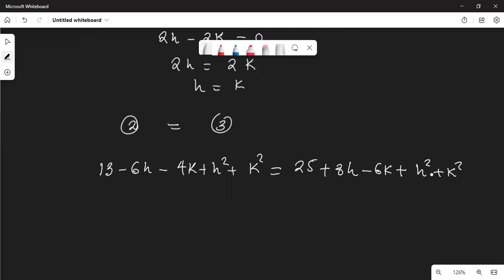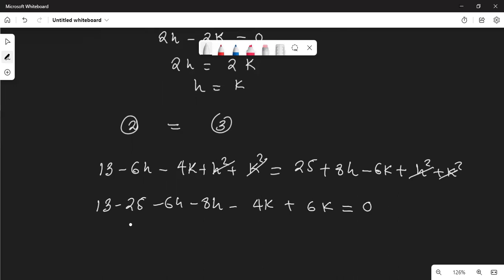All right. So again, we can cancel out these common terms. So we have 13 minus 25, and then you got the 6h minus 8h, minus 4k plus 6k equal to 0.